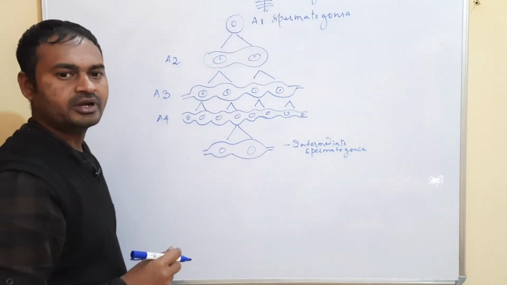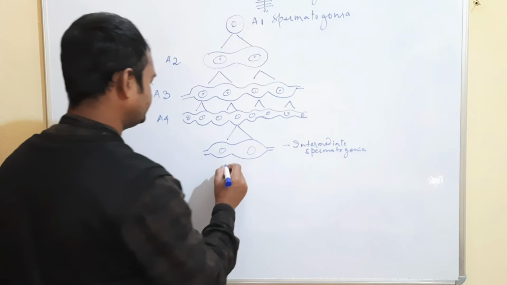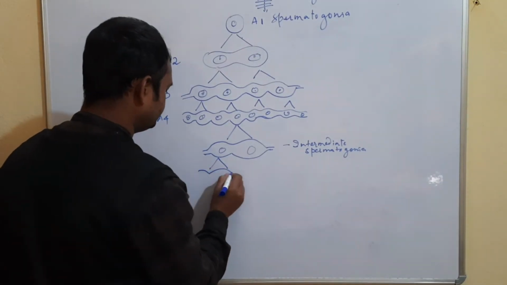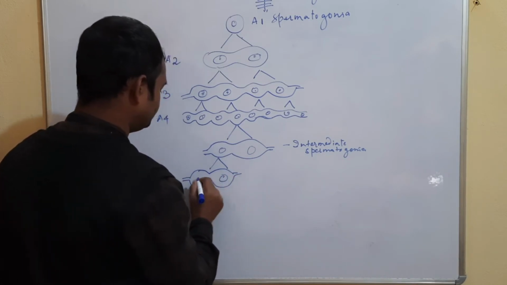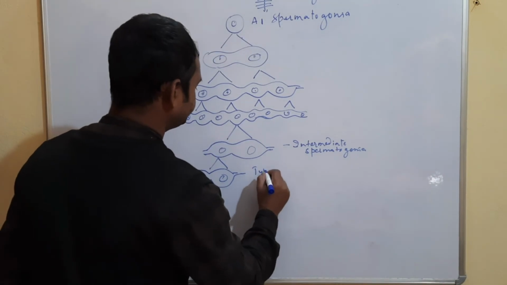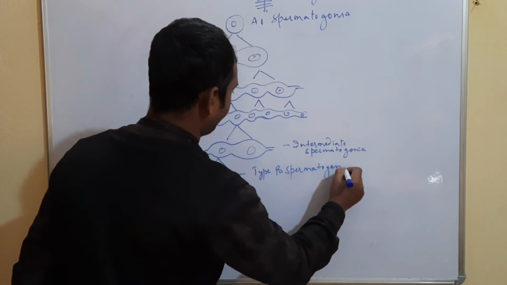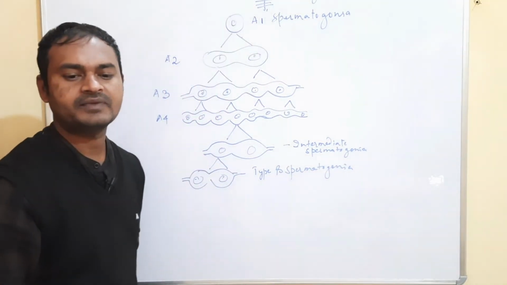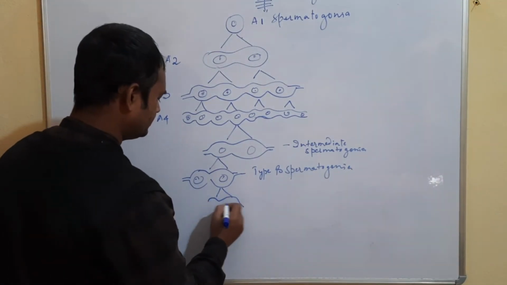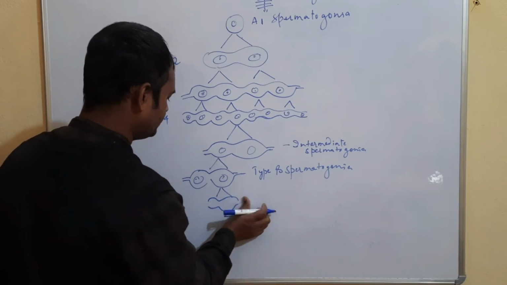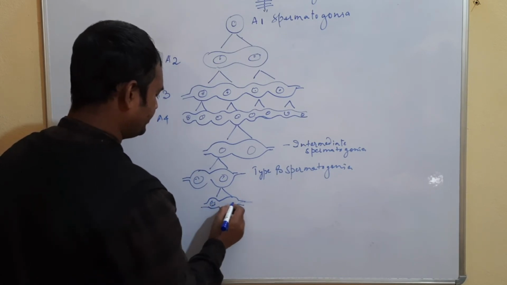And this intermediate spermatogonia will lead to the formation of the type B spermatogonia, and then to the primary spermatocytes.